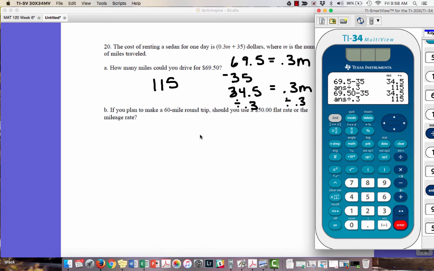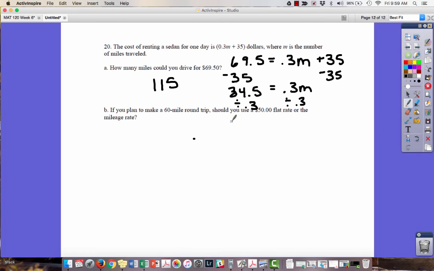Okay, so then the next question, if you plan to take a 60-mile round trip, should you use a $50 flat rate or the mileage rate? Well, let's see how much it costs to do the mileage rate for 60 miles. So I'm going to say 0.3 times the 60 miles, and then I have to add my 35.